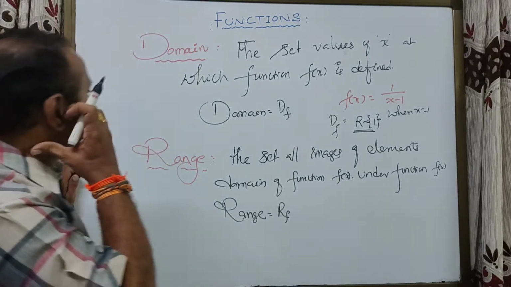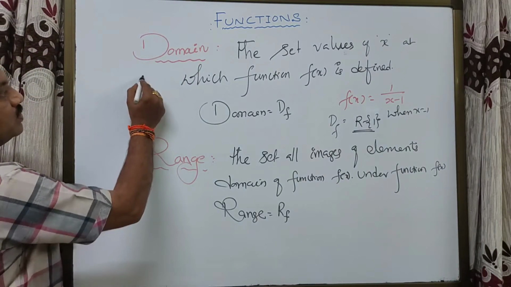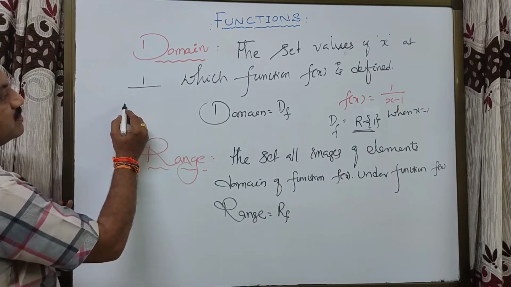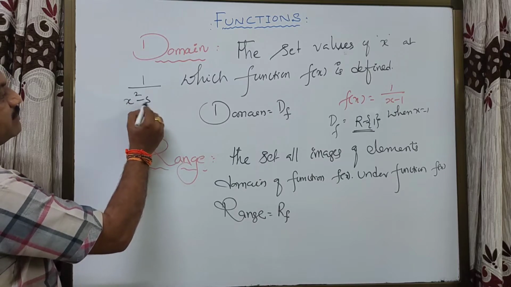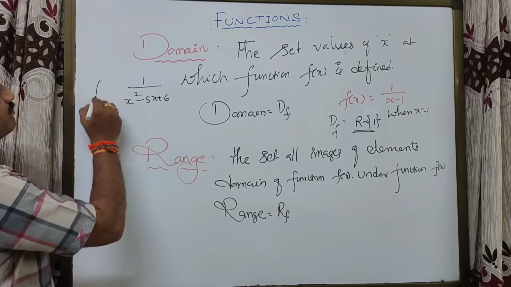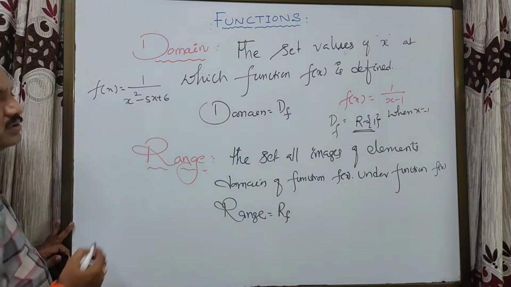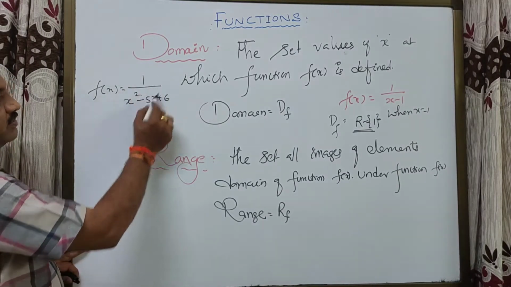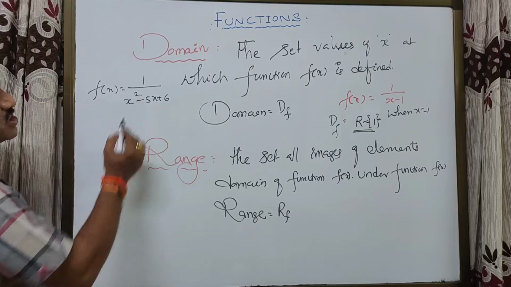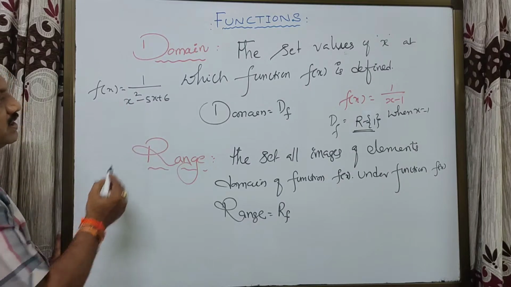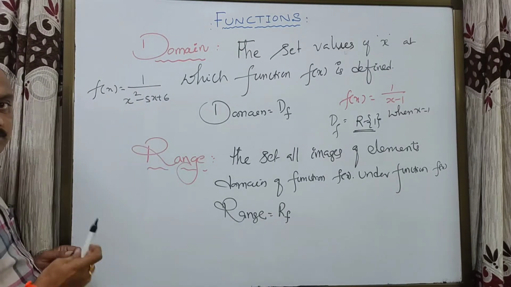My dear students, another example like this. We take 1 by x square minus 5x plus 6. To find the domain of this function, it is a fraction form.